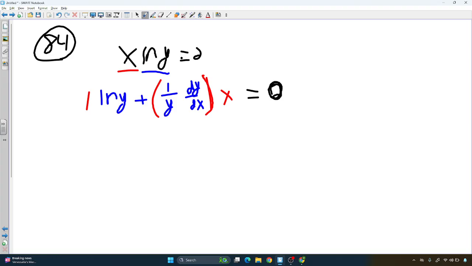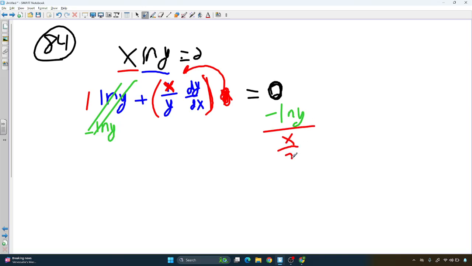Okay, so to get this alone, and this is where we want to be very fluent, subtracting ln of y. So we have now subtracted ln of y from both sides. And we can divide by x over y. Would you agree? This x can be here, it's multiplication, instead of there. And if we divide this by x over y, we have a complex fraction. We'll have to deal with that.